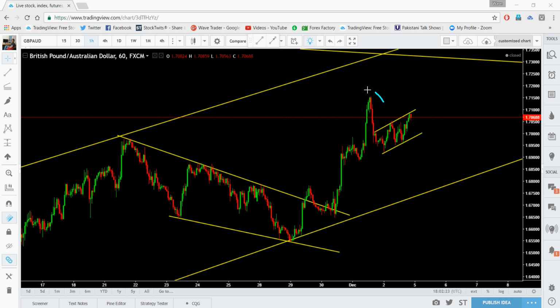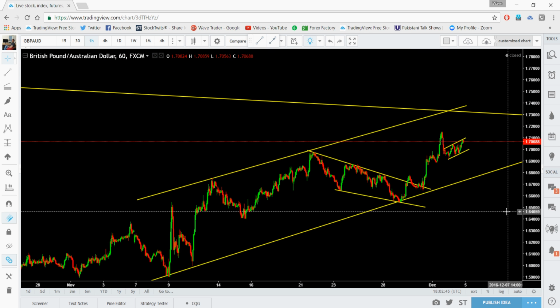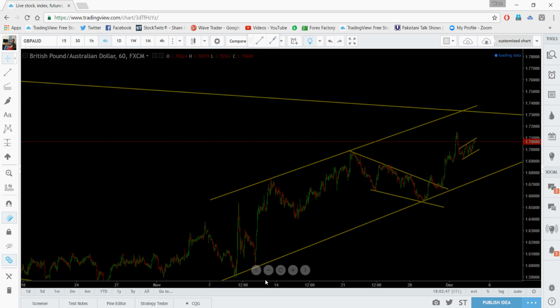After that, a trend continuation pattern is forming. So look for a sell at this place if price does not violate your impulse, and look for continuation to the downside. We were looking for this impulse for a very long time, but we did not get it.